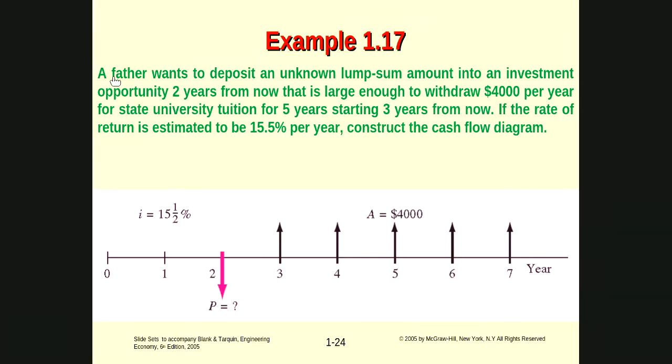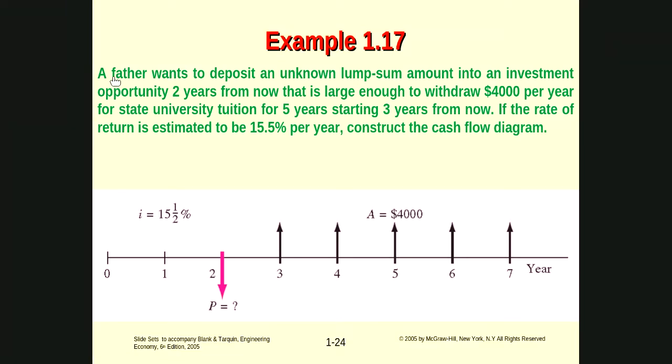So this father has a son going to university and he is going to pay for that university after 3 years. He wants to know how much he should invest in the bank or in the investment 2 years from now, so that in the third year it will bring returns. He can pay the school fees, which is 4,000 every year.